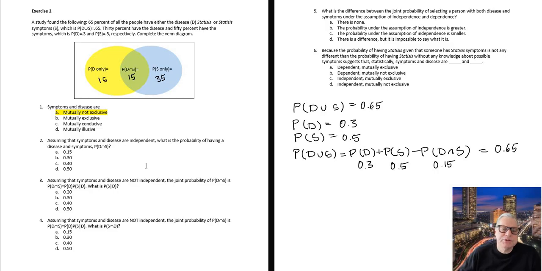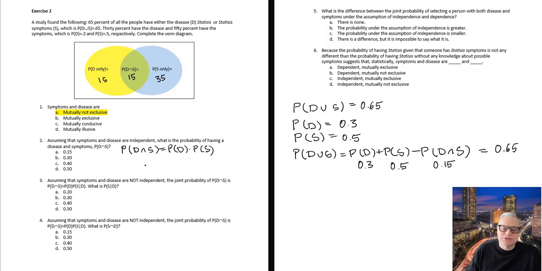Assuming that symptoms and disease are independent, what is the probability of having disease and symptoms? So under the assumption of independence, we would say the probability of disease and symptoms is given by the probability of having the disease times the probability of having the symptoms.